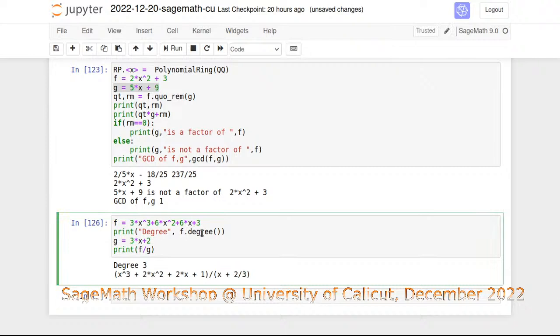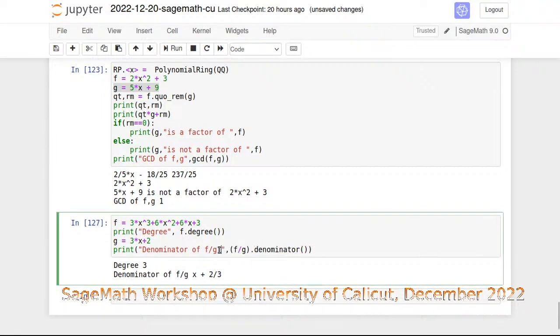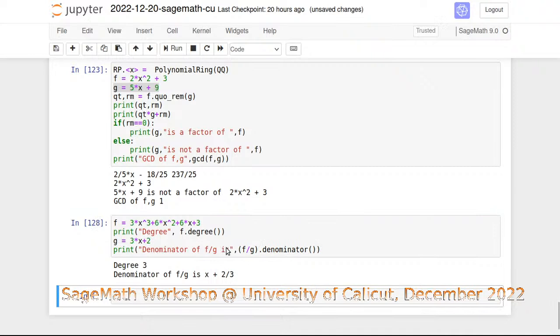Now suppose we want to take the denominator of f by g. Is f by g x plus 2 by 3.